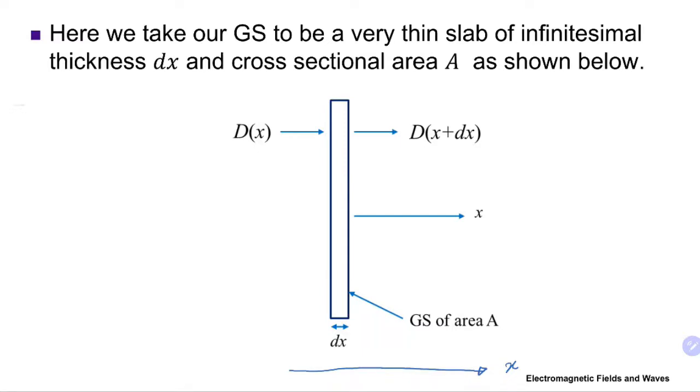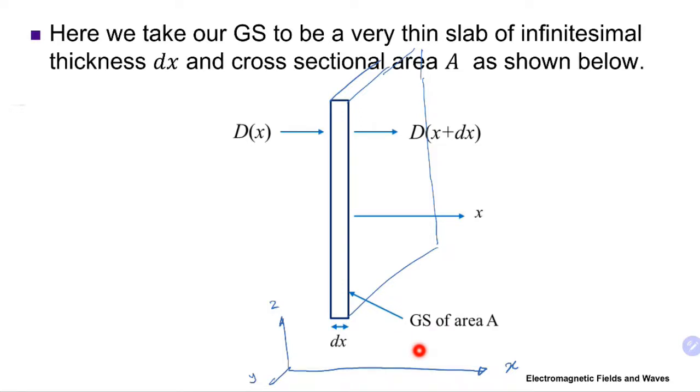If I were to put that into three dimensions, maybe I can draw this. In my y and z directions it doesn't change, it just changes in the x direction.